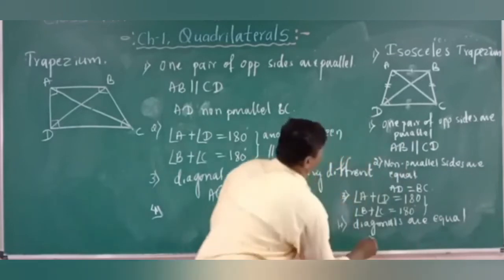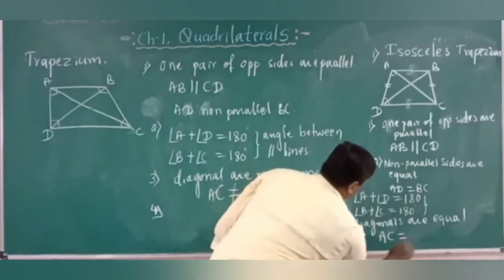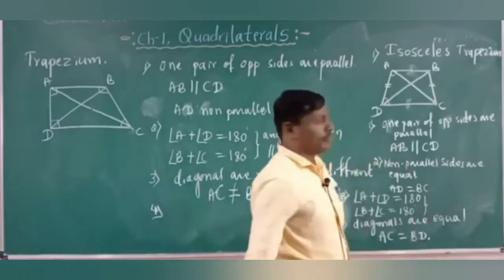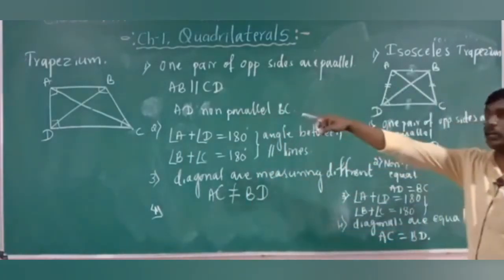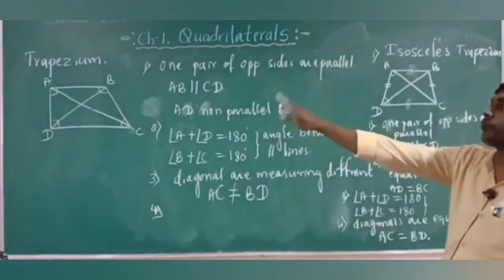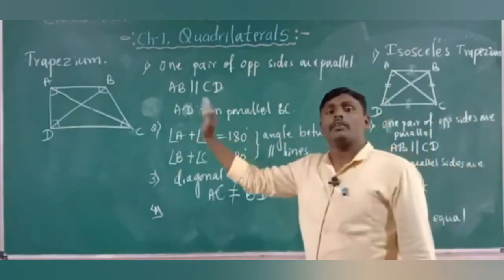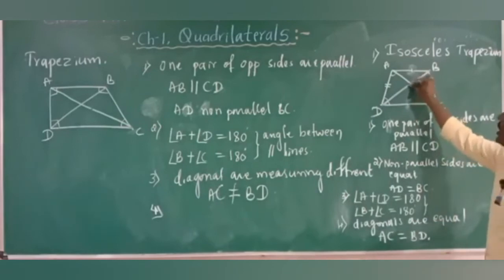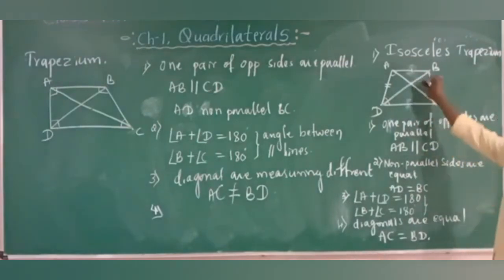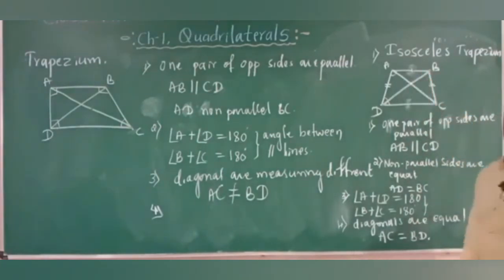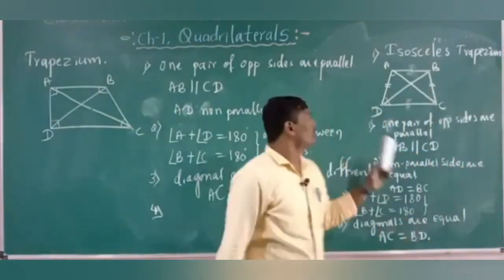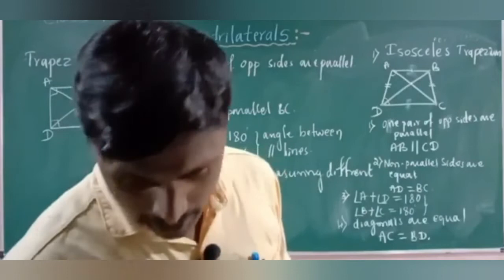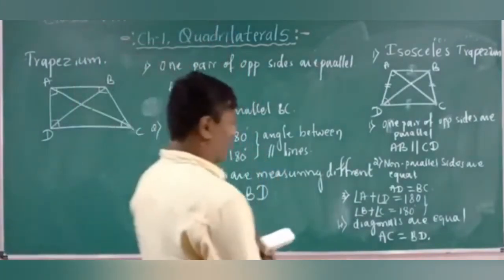It means the diagonal AC is equal to the other diagonal BD. But in a normal trapezium, the diagonals are different from one another. So these are all the properties of trapezium and isosceles trapezium.